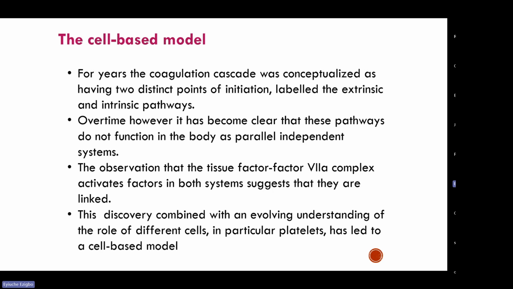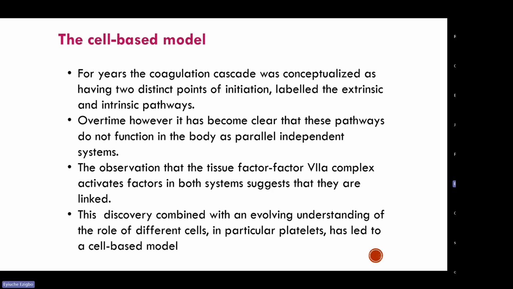The tissue factor 7 complex was activating the common pathway directly, and it was also activating factor 9 that is in the intrinsic pathway. So that was another observation, that the tissue factor 7 complex activates factors in both systems, which suggests that they are linked.